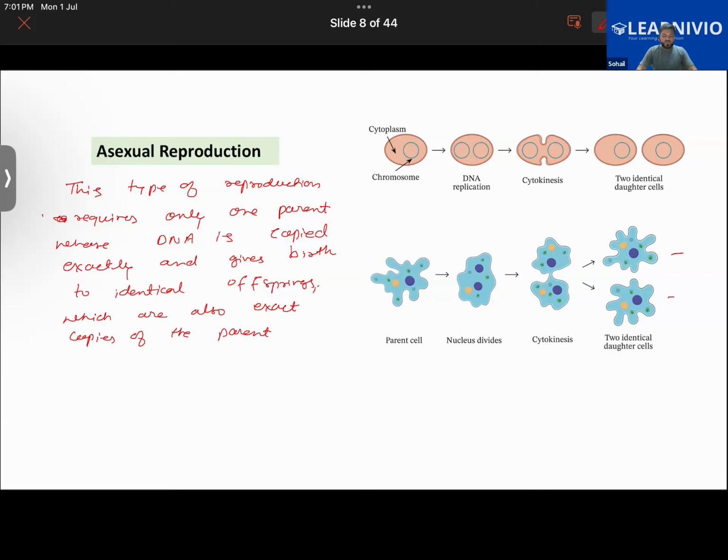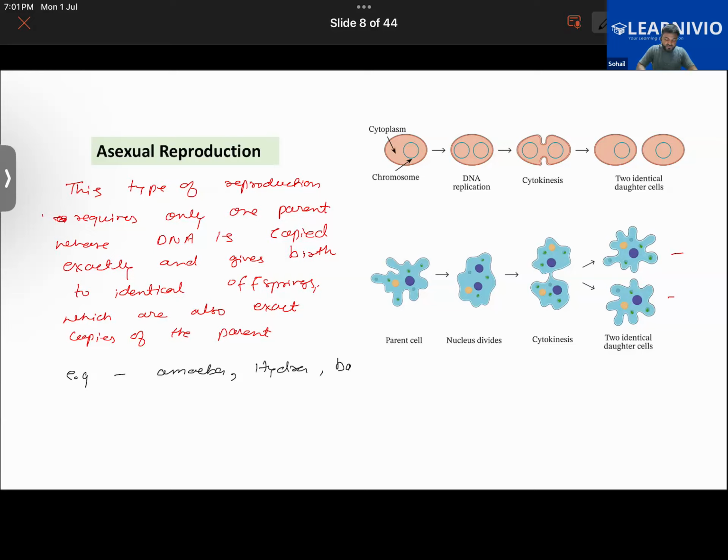Furthermore, in what type of organisms is it going to take place? The one common example you have here in the image is amoeba, right? Then you have hydra also. Sir, bacteria have binary fission, right? Bacteria also, very good.